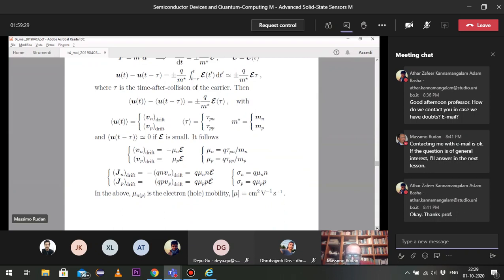At this point, you may simply remember that if you have the average velocity Vn, Vp, you obtain the current density. So for the electrons, you take Vn and multiply by minus Qn. Then you replace Vn as minus mu n times E. You obtain that Jn is equal to Q mu n n times the field.